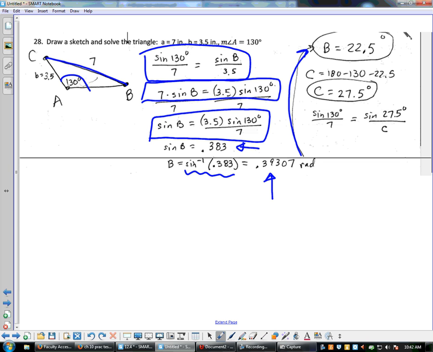And then I got angle C by doing 180 minus 130 minus 22.5, which gives 27.5 degrees for angle C. Then did I finish this or did I stop?